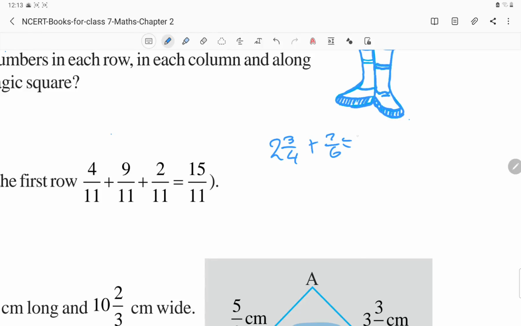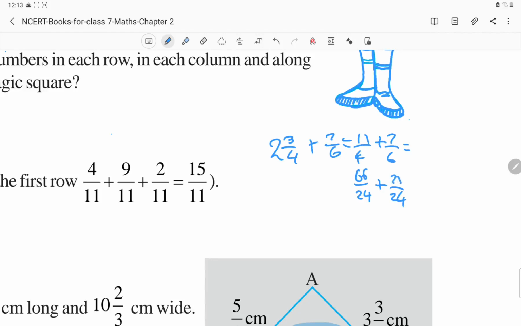Convert the mixed fraction. 4 times 2, so it should be 11 by 4, because that's what we worked out before. Same denominator, which will be 24, won't it?